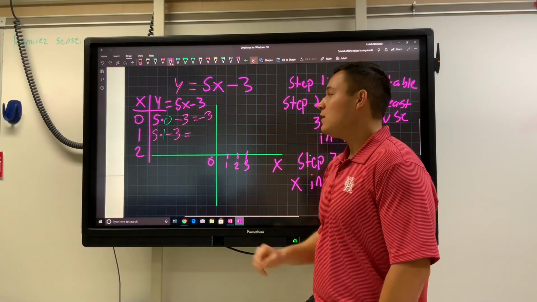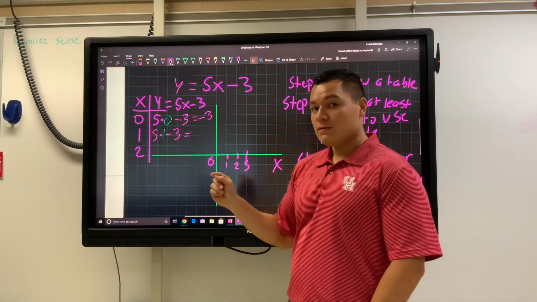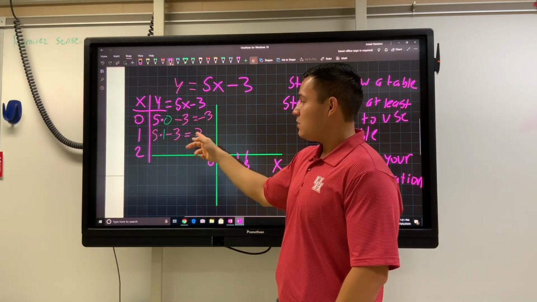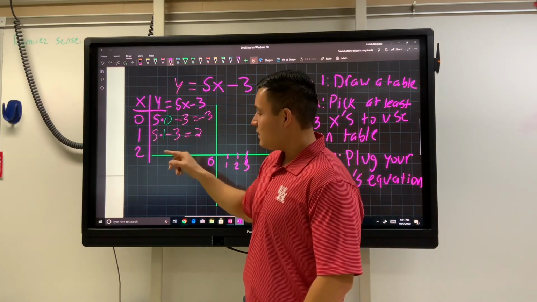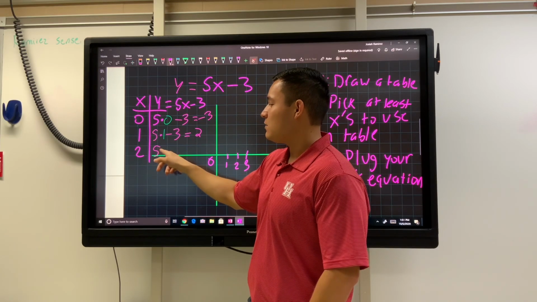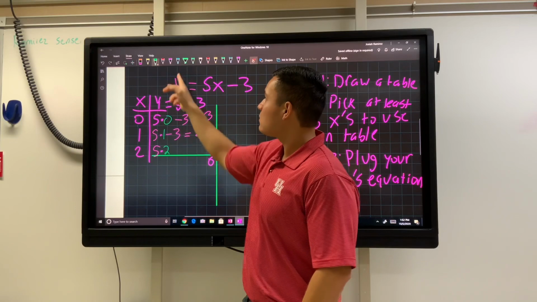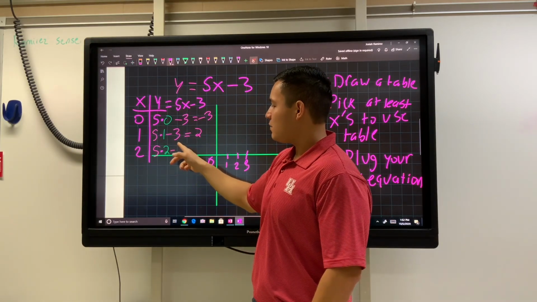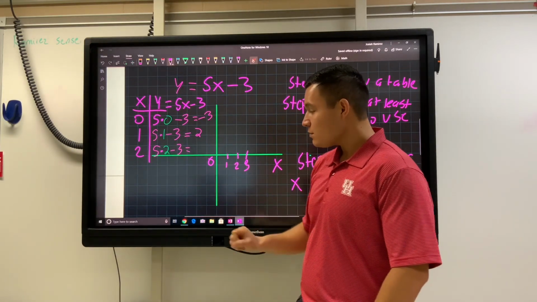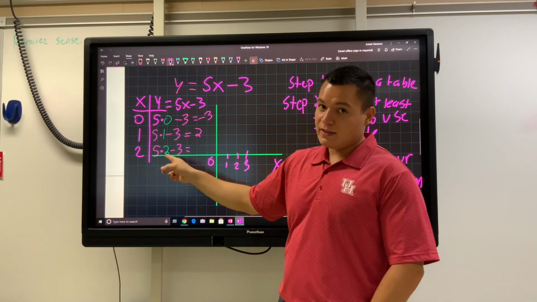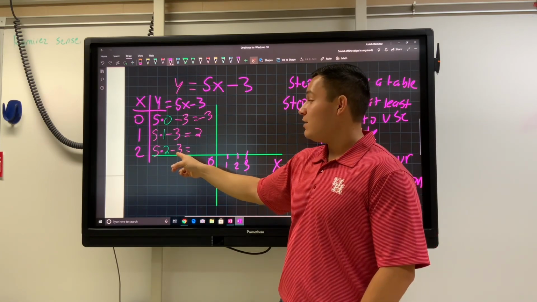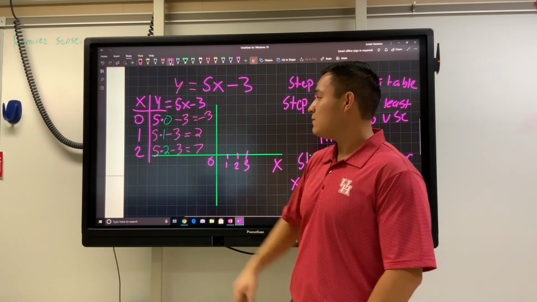Then we simplify it. 5 times 1 makes 5 minus 3 is going to make 2. We'll do it again. 5 times 2 minus 3 equals 5 times 2 is going to be 10, and then we're subtracting 3 to get 7.